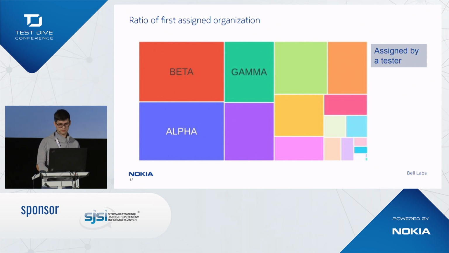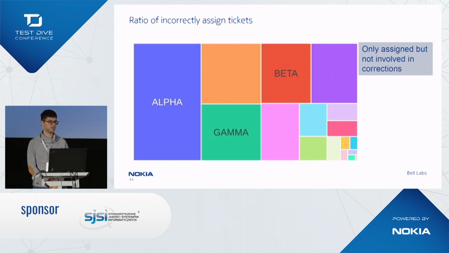But a somewhat different view is in this slide, when we compose this plot only from the tickets that were incorrectly assigned. What I mean by that is when the entry group of an organization gets the ticket and it is assigned by the tester, but the organization wasn't responsible for the problem.